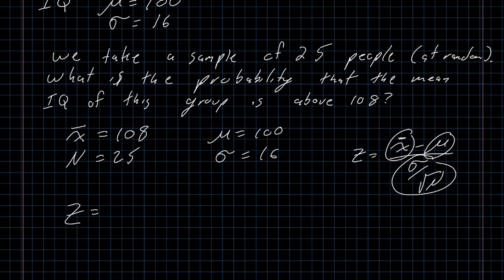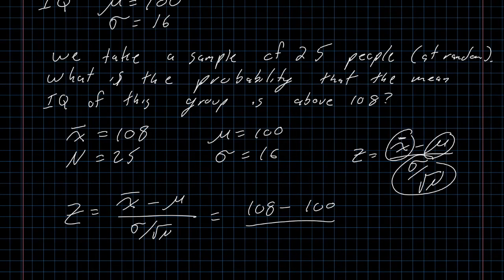So z is x bar minus mu divided by sigma over the square root of n. In this case, x bar is 108, mu is 100, sigma is 16, n is 25. And if I punch all of that into my calculator, I get 2.5.